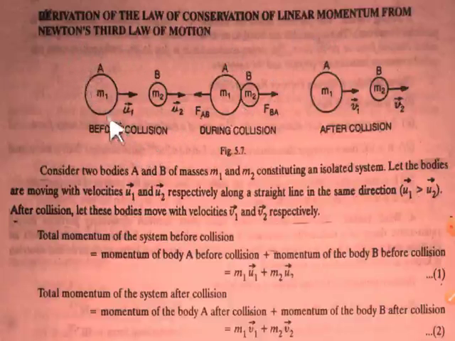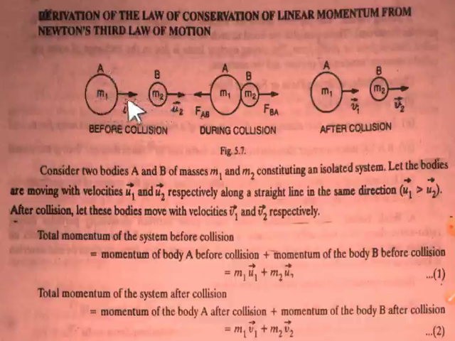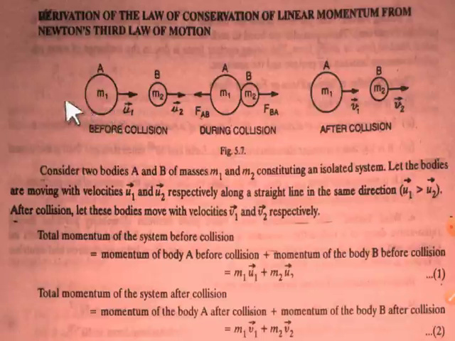Now let's take these two objects A and B having masses m1 and m2, moving with initial velocities u1 and u2 respectively on a level surface. With that, u1 vector must be greater than u2 vector.